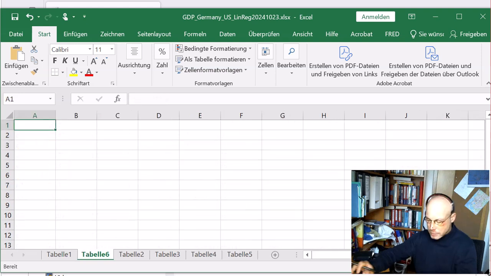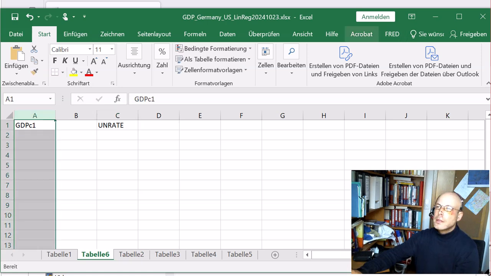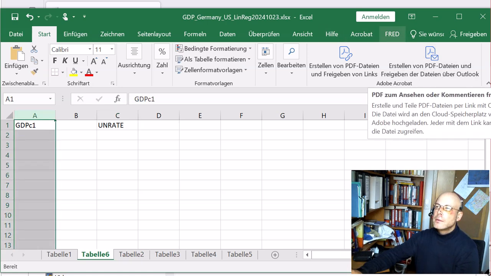So this was GDPC1 and this was rate. Then I need the frequency.